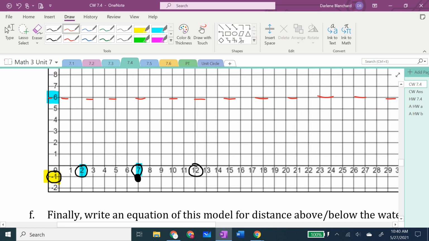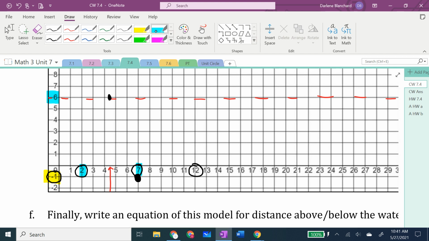I can add them and I can take the average of their numbers. So 2 plus 7 divided by 2. And do you see that that's 4.5? That gives me some more points. I can plot the midline points to help me with drawing a more accurate graph.